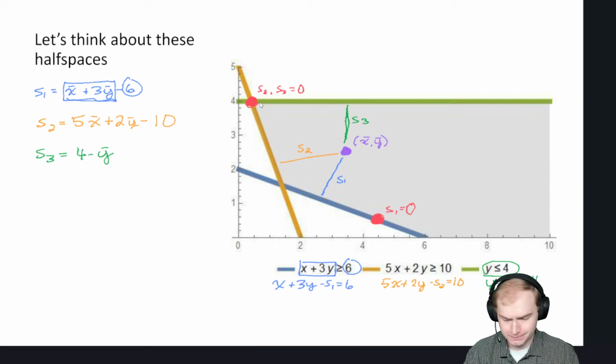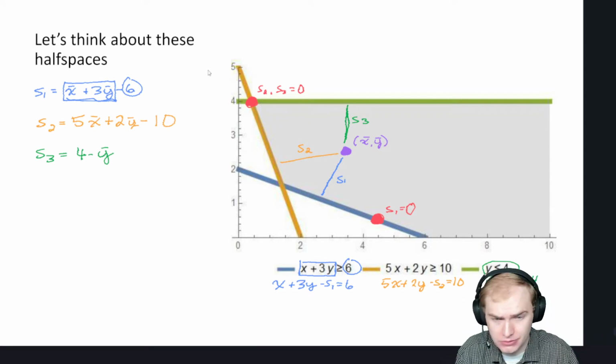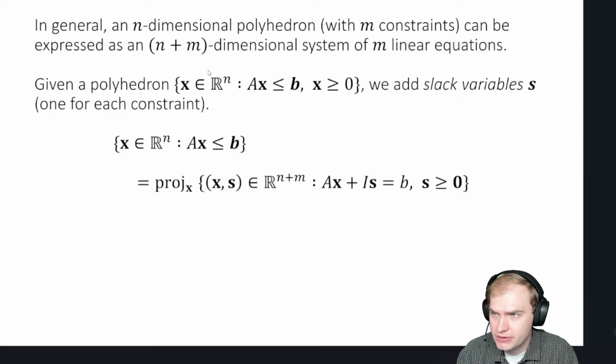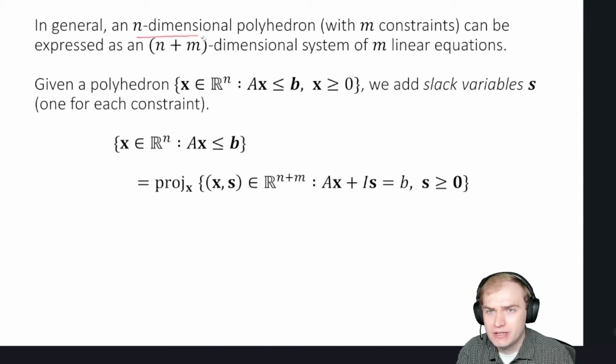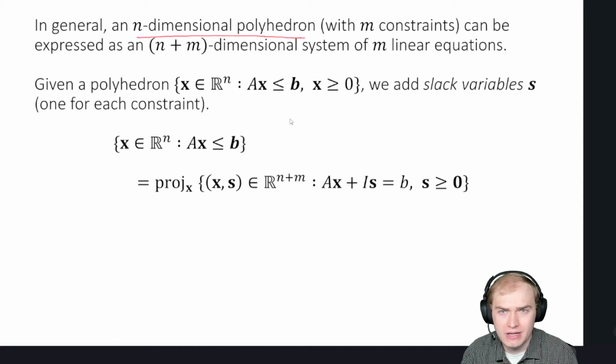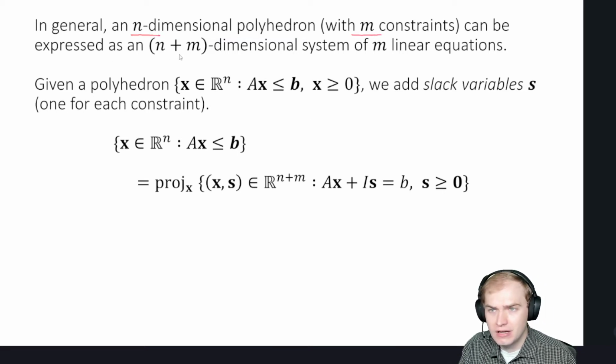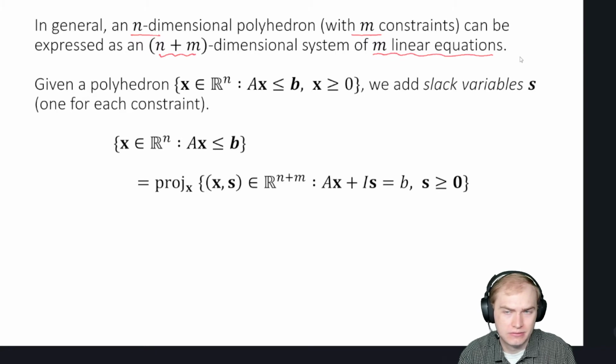And we'll codify that a little better coming up. But first, in general, an n-dimensional polyhedron that has m constraints can be expressed as an n plus m dimensional system of m linear equations.